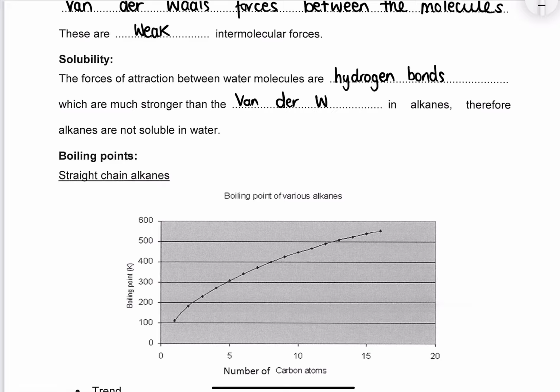Which means that if our alkane was to dissolve, it would need to overcome the amount of energy required to break the hydrogen bonds in order to make attractions to the water. And it just can't do that. It's got these weaker forces between its molecules, so it can't interrupt the hydrogen bonding between the water molecules, and therefore it cannot get in between the water molecules, which is what it needs to do to be soluble.